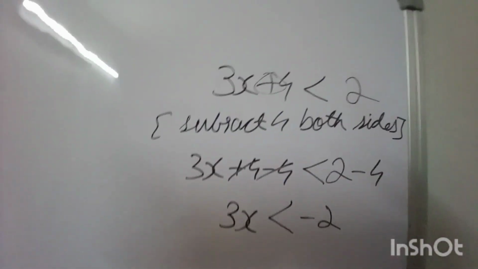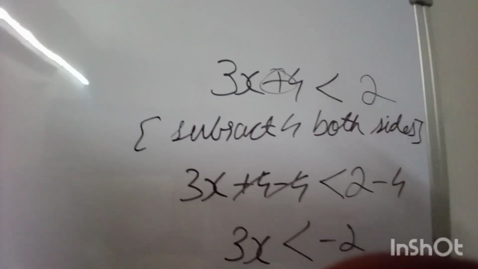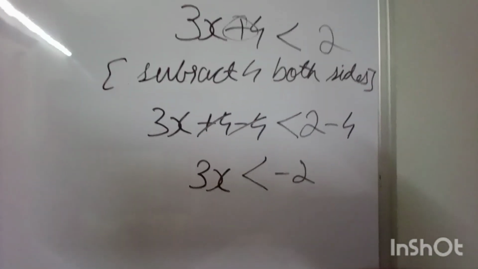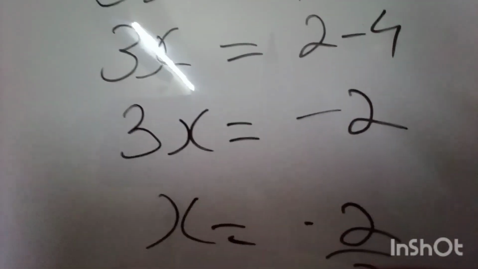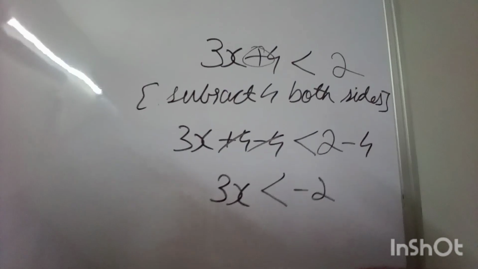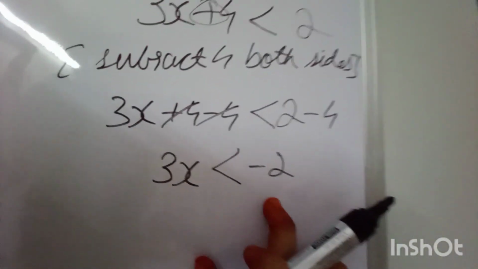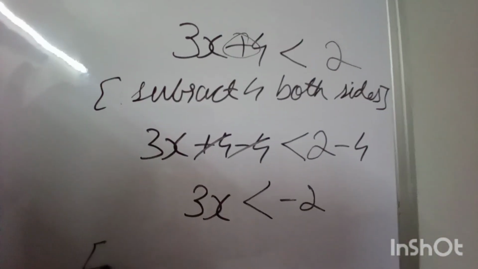Here I have written subtract 4 both the sides. So when I subtracted, I got 3x less than minus 2. Can you see the two steps are the same here, but we have written an extra statement. Now this 3 should go below minus 2. How am I going to write?